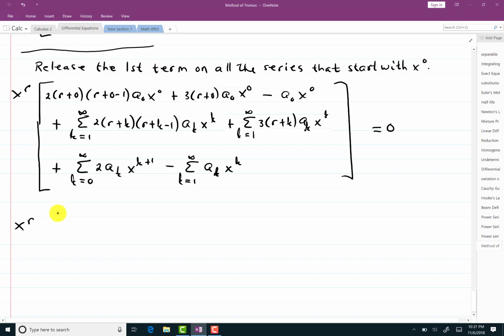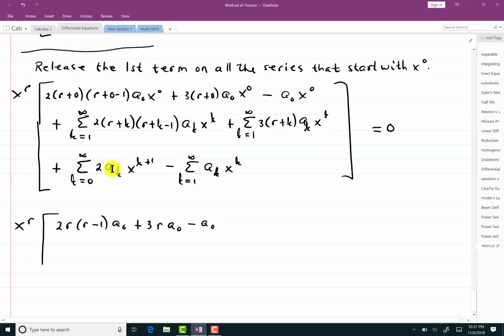Let me do a little simplifying. So on the first term here, I have 2r times r minus 1, a sub 0. Then I get plus 3r a sub 0, and then I get minus a sub 0.